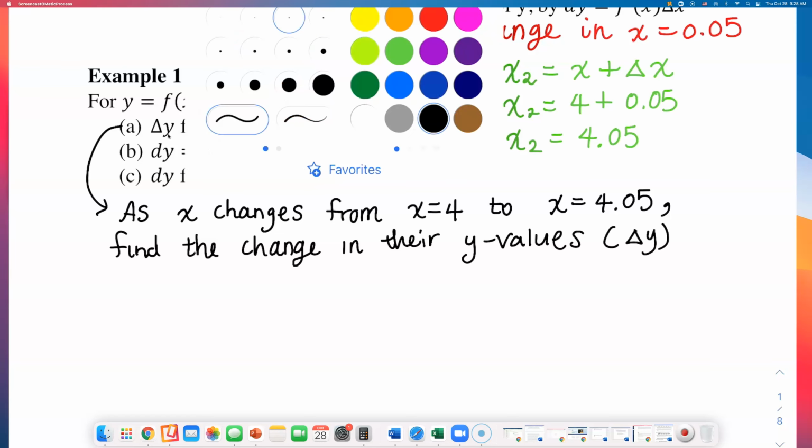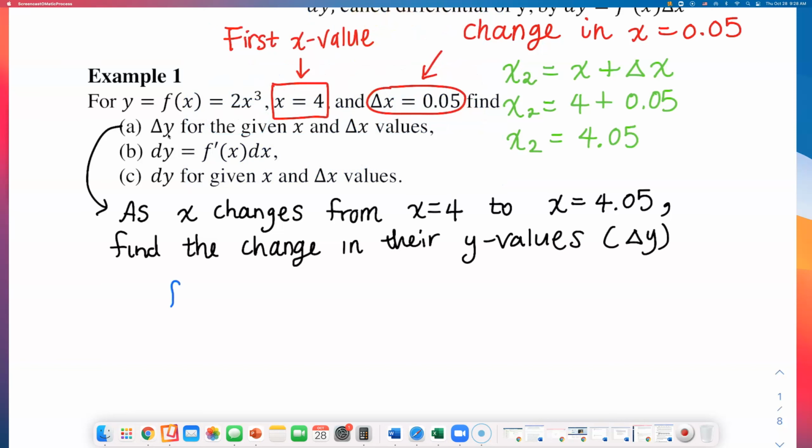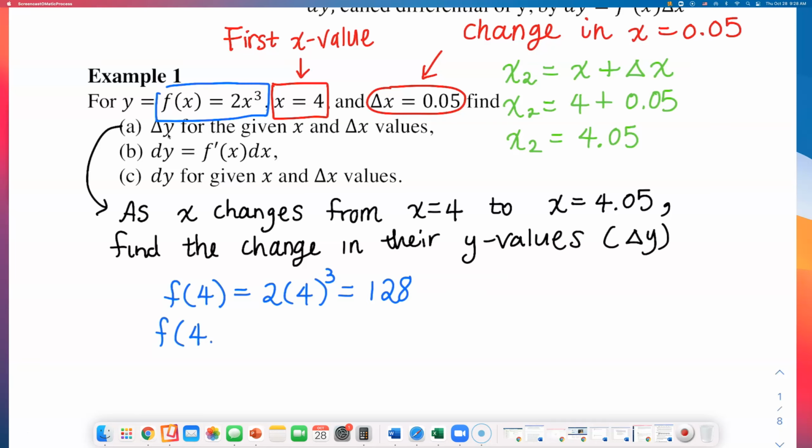Because I want to know how much their y values changed, in order to do that, I'm going to go ahead and plug them in to the function. First, let me plug in 4 into the function. And that's the function, right? So I have to do 2 times 4 cubed. That is 64 times 2, 128. I need to also find f of 4.05.